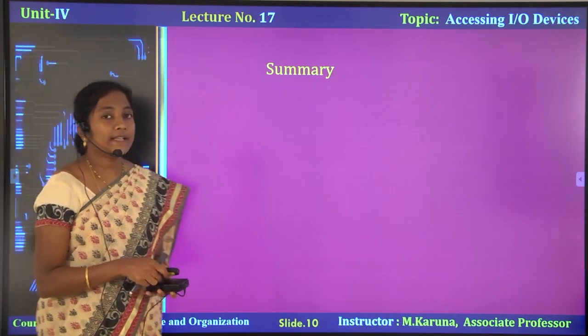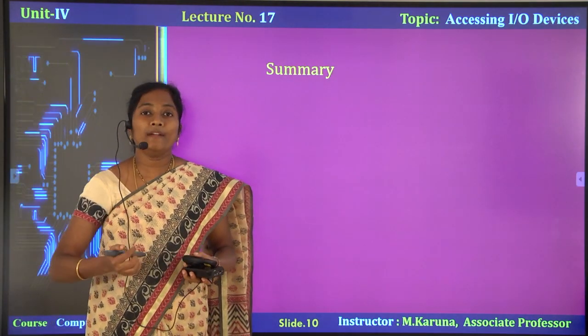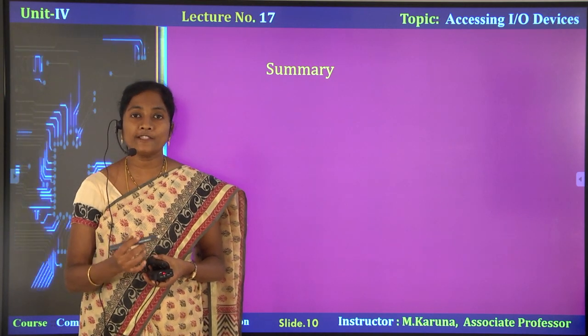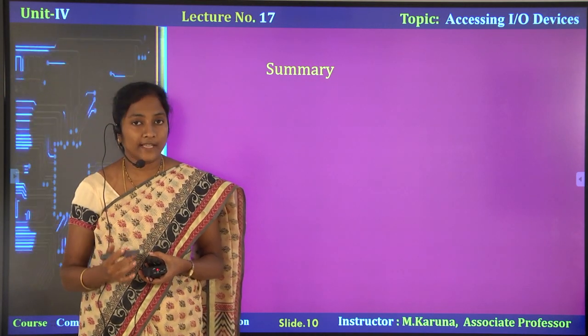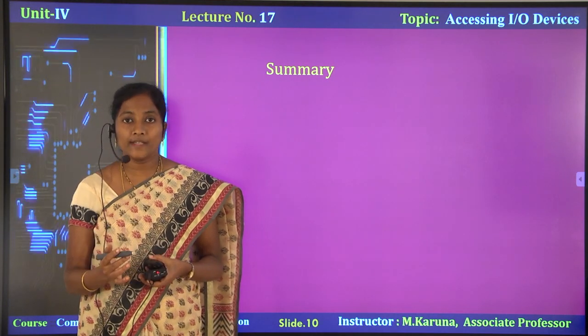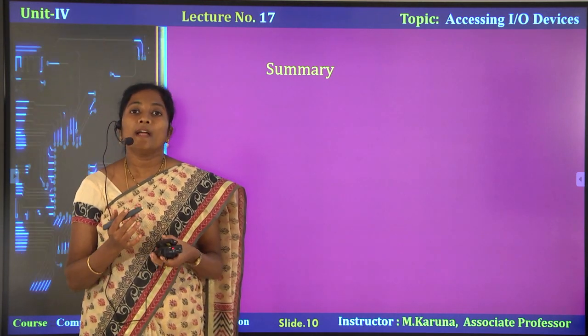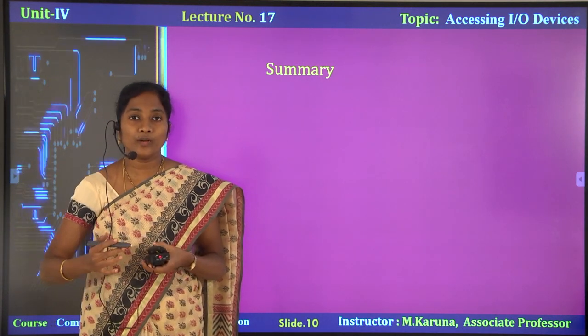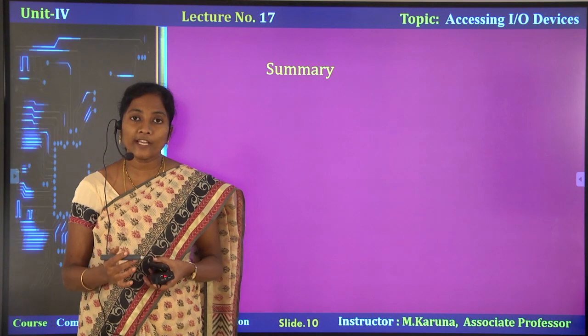Let us summarize the topic. Till now we have seen that data transfer takes place between the input device and the processor with the help of an interface circuit. In the interface circuit we have a control circuit, data register, status register, control register, and also an address decoder. Each input device and output device is assigned a unique address.